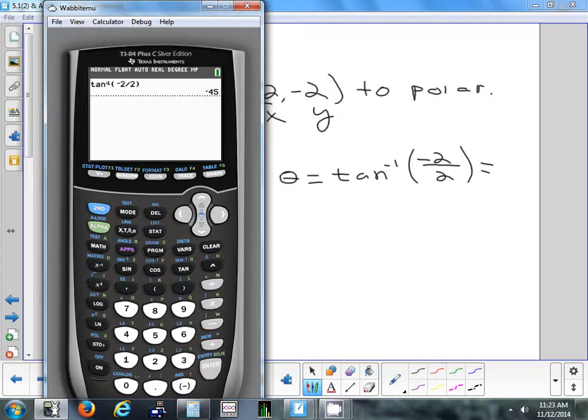Okay, -45. Something I might do on the test is say, express all your angles as positive. Well, how would you make -45 positive? Just add 360, and you get 315.